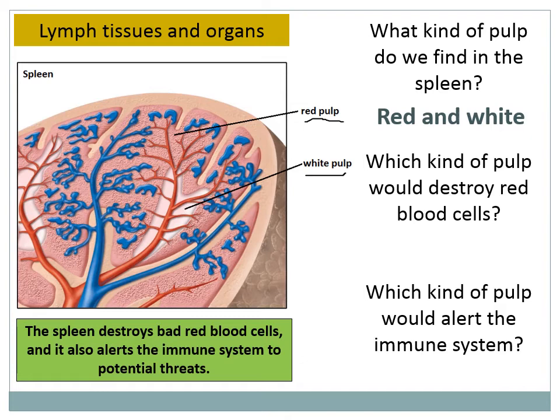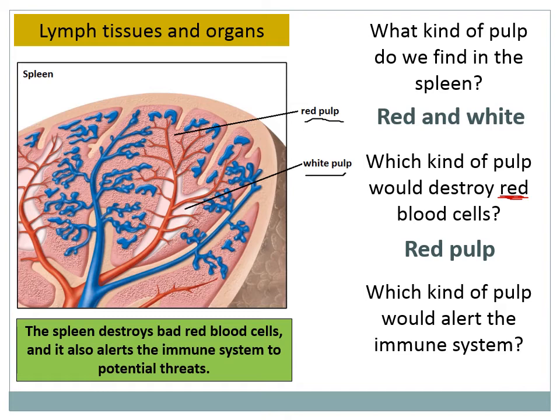What kind of pulp would destroy red blood cells? Yeah, when I said red, it's not a coincidence. If it's going to destroy red blood cells, it's actually going to be red pulp.